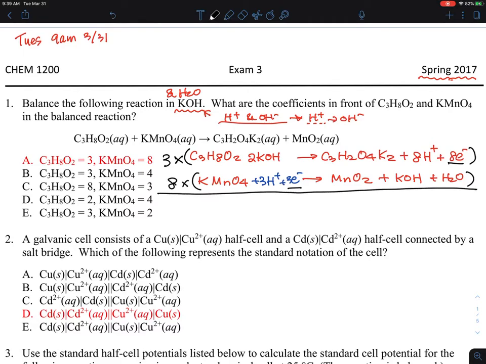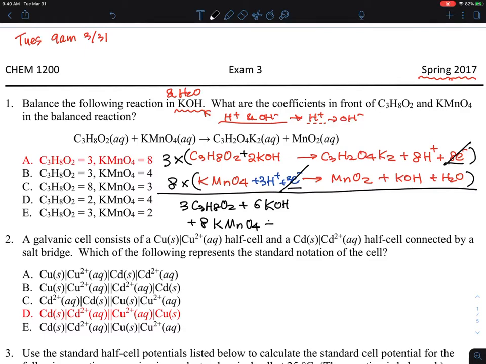This similar exercise has been done in Chem 1, but this is a little more elaborate version. So I'd love to get rid of the electrons, and then I start to write 3 times C3H8O2, and then 6 KOH, and then 8 KMnO4.